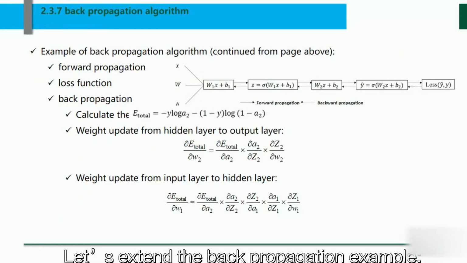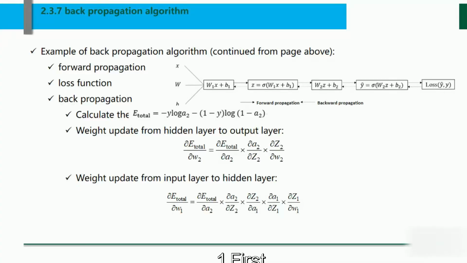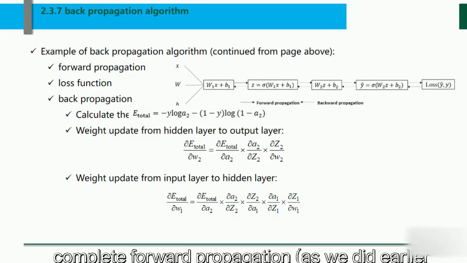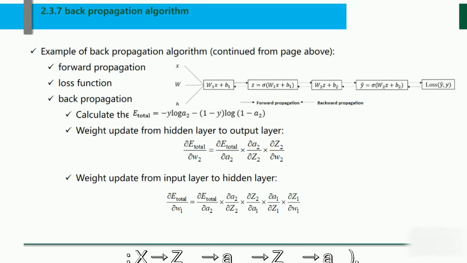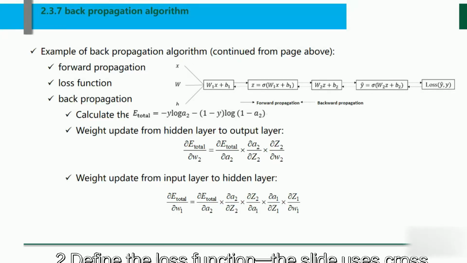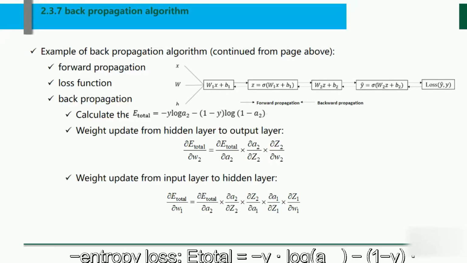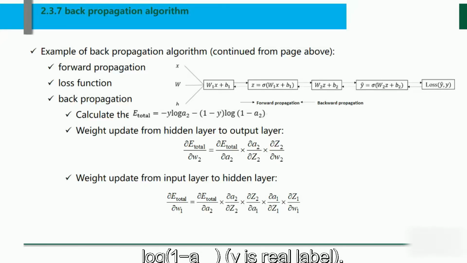Let's extend the backpropagation example. First, complete forward propagation as we did earlier, x, z, a, z. Second, define the loss function. The slide uses cross entropy loss. E_total equals minus y log a minus (1 minus y) log (1 minus a). y is the real label.